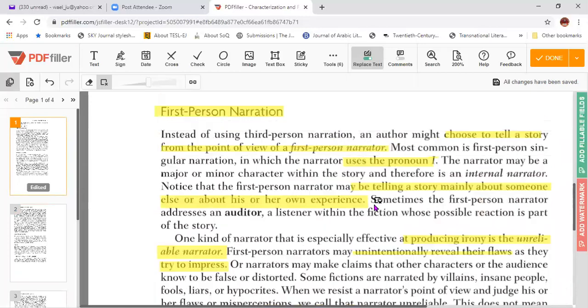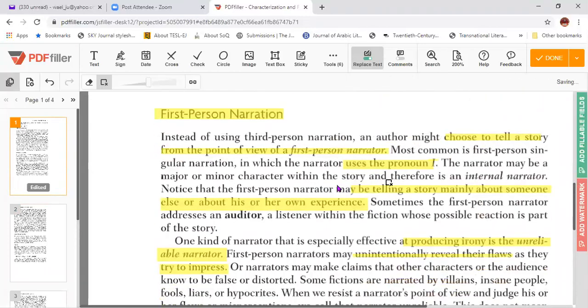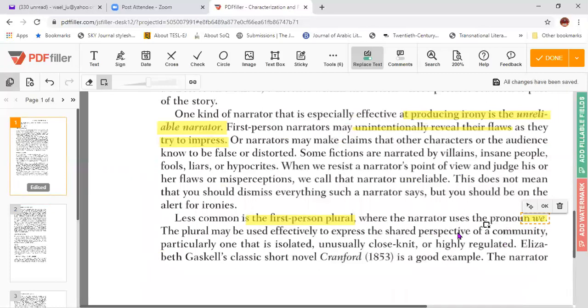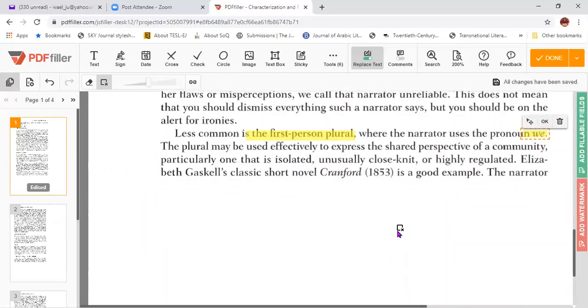In the previous one we have the use of the pronoun I, but in the first person plural we use the pronoun we. And we use we when we talk about a community. For example, I'm talking about my community. I say, we in Jordan like to go to the sea and we like to enjoy. So the we here, I'm telling my story using the first person plural, which is the we.